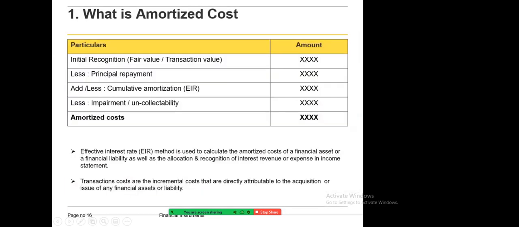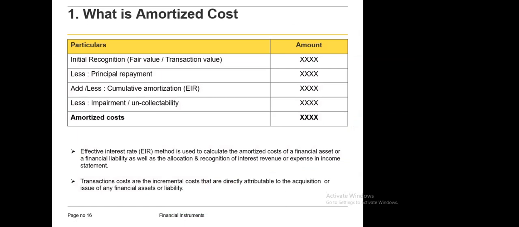Now coming on to the example, suppose for your amortized cost, how it is being calculated: you need to first of all recognize the fair value. You need to subtract the principal repayments that you have done, if any. Then you need to subtract the cumulative amortization less the impairment, and there comes your amortized cost.